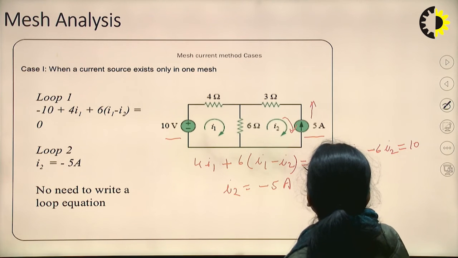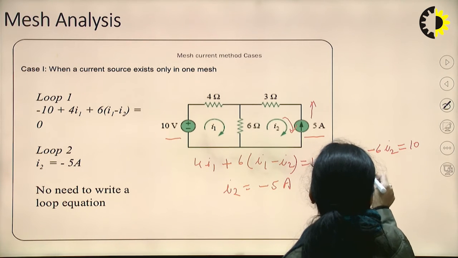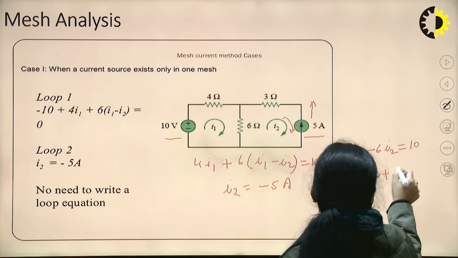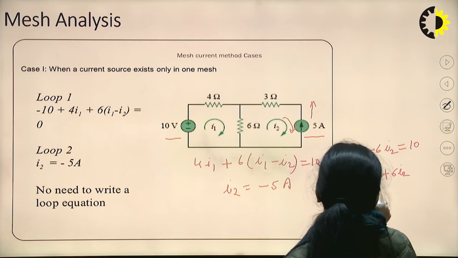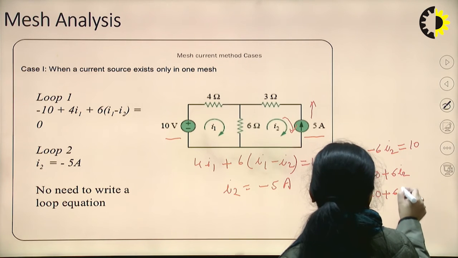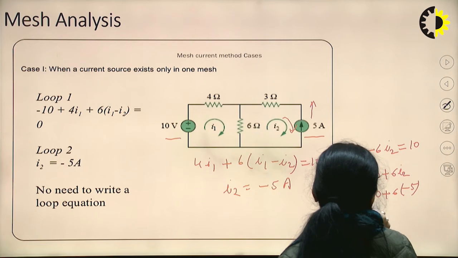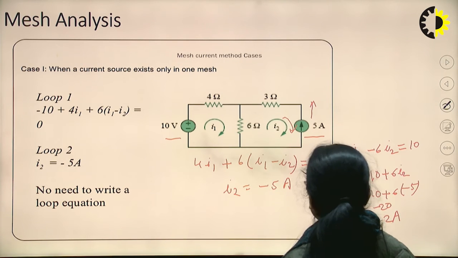So 10 I1 is 10 plus 6 I2, that is 10 plus 6 into minus 5, so it will be minus 20. That means current I1 is minus 2 ampere.